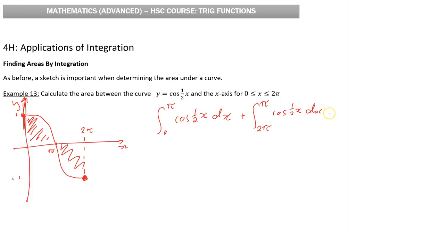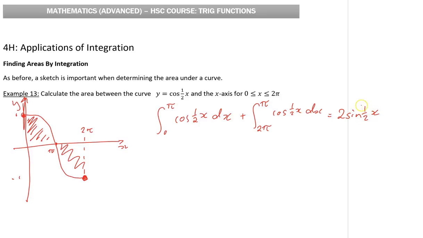Now, the integral of cos of half of x would look something like sine of half of x, but if I were to differentiate sine of half x, I would get half cos half x. I don't want that to be the case, so it's going to be 2 sine half x.